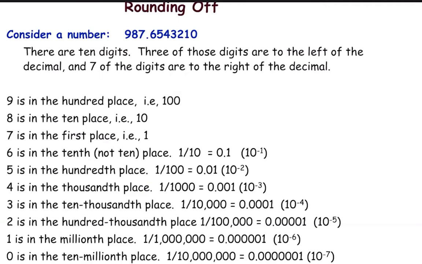Now, to the right of the decimal is your 1/10 place. So the 6 is 1/10, right here. 6 is 1/10 because it's 1 digit to the right of the decimal. Your 5 is 2 digits to the right of the decimal.